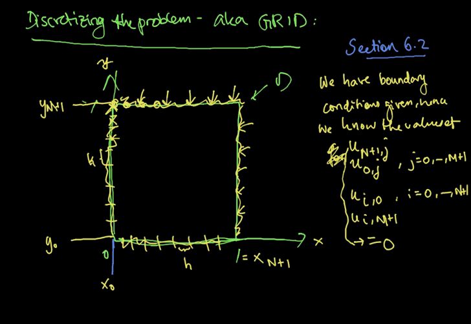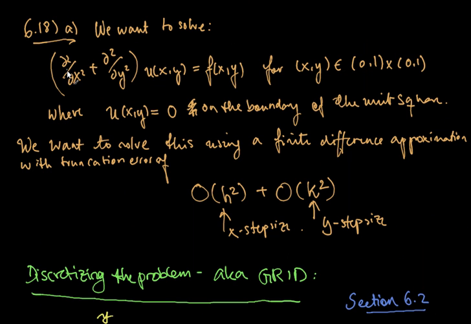So we know that. What else do we know? We know that we want to approximate this partial derivative and this partial derivative using a centered approximation. So when you want to do that, you want to consider formula 613, 614, and 615. And you want to consider the fact that in the book they solve this problem for f equals 0. So the right hand side of what you see in those formulas should be adapted to your problem accordingly.